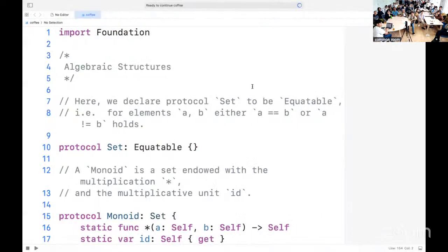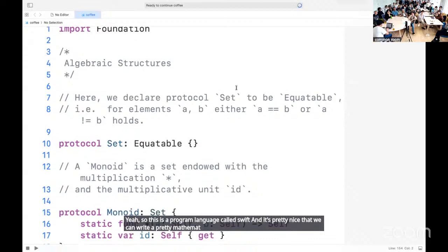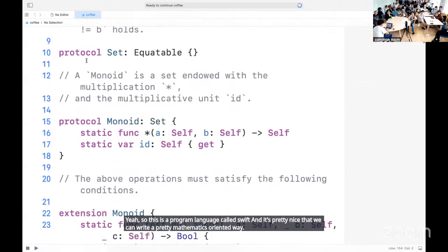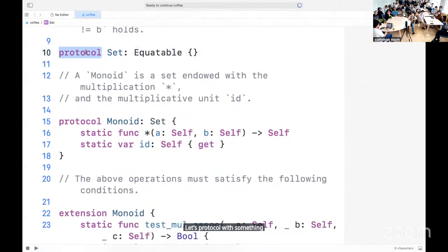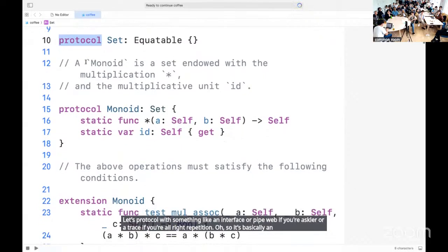This is a programming language called Swift, and it's pretty nice that we can write in a pretty mathematics-oriented way. First we have a protocol, which is something like an interface, or a type class if you're a Haskell person, or a trait if you're a Rustacean. So it's basically an abstract type; it's a declaration of an abstract type.